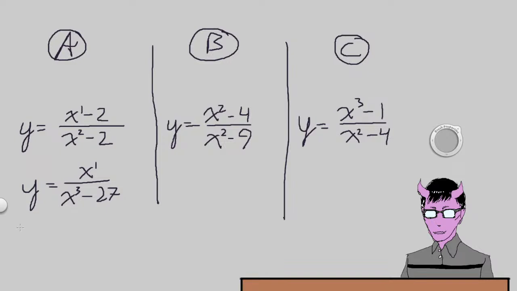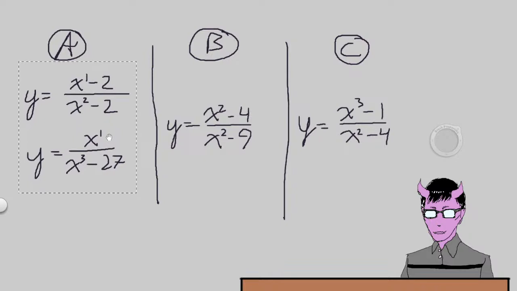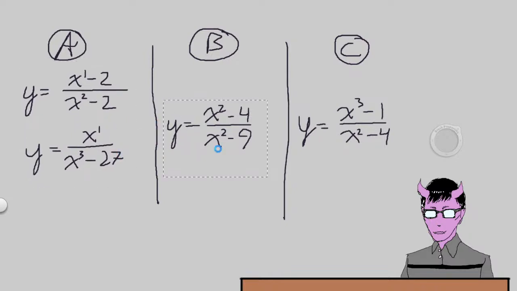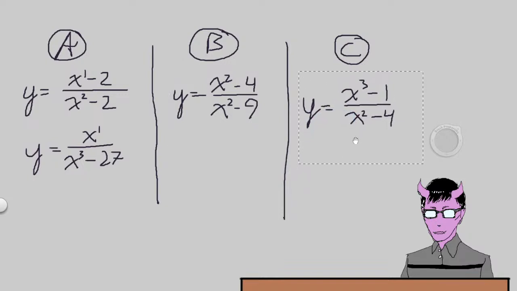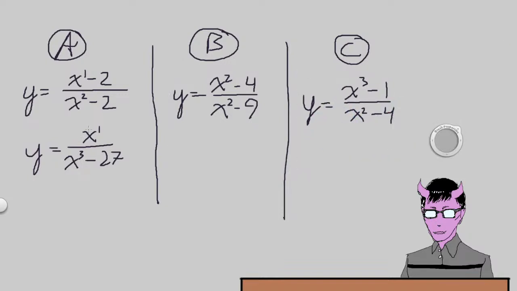Alright. So let me, you know what, I should probably write that down. Let me move this up here. And move this here. And then this one right there. Okay, so just to summarize the situation, it's when the degree on the top is less than the degree on bottom.